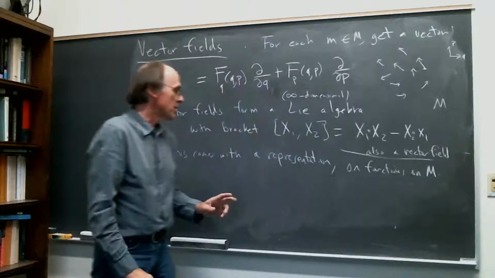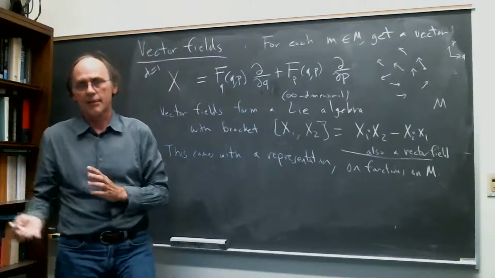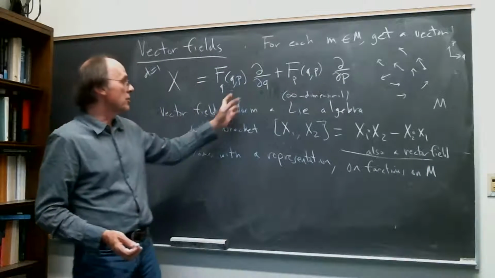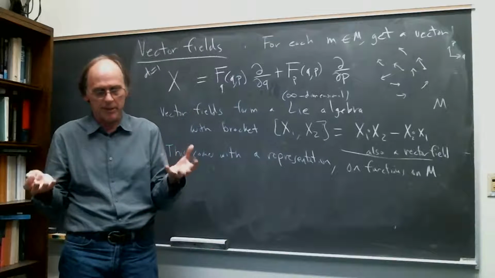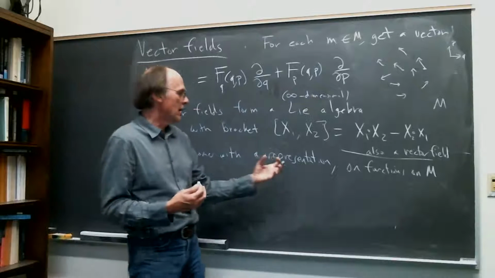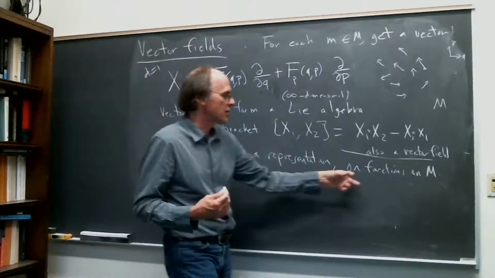Okay. So these vector fields act on functions, and so this is a Lie algebra, and you're explicitly given it as represented on functions on it.